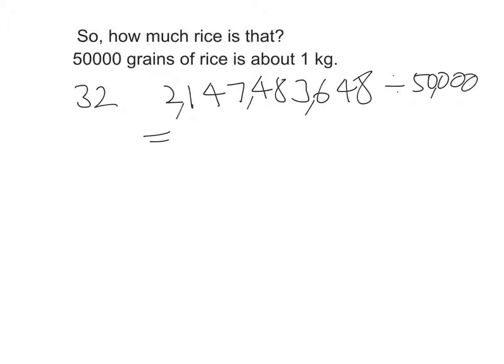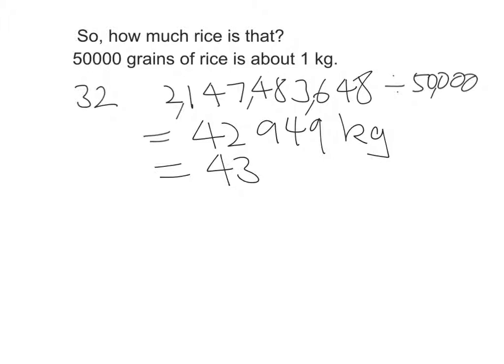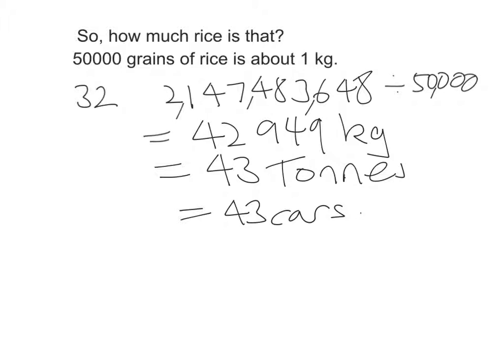And that gives me 42,949 kilograms. That's almost the same as 43 tonnes. Now, assuming that a car is about a tonne, that's the same mass, or the same weight, as 43 cars. That's a lot of rice to fit on the 32nd square.